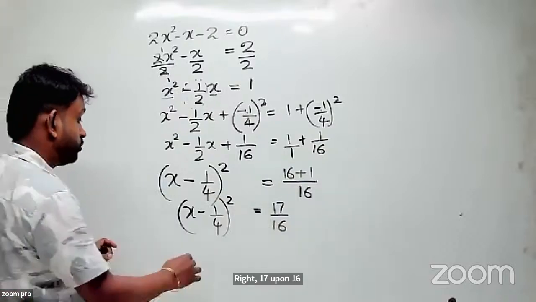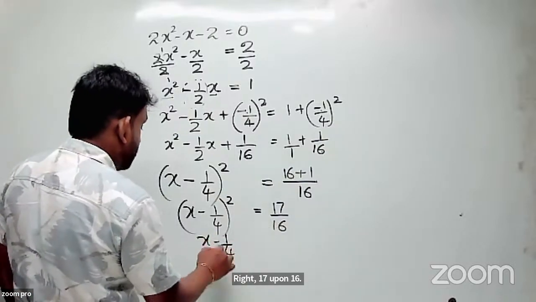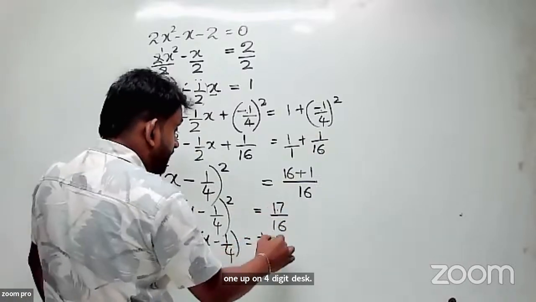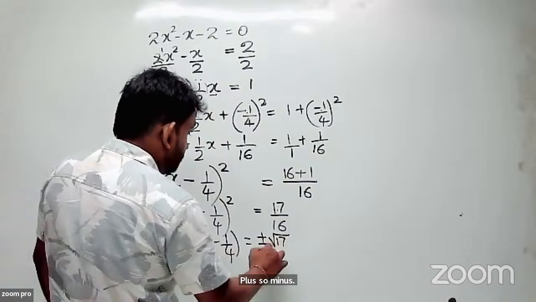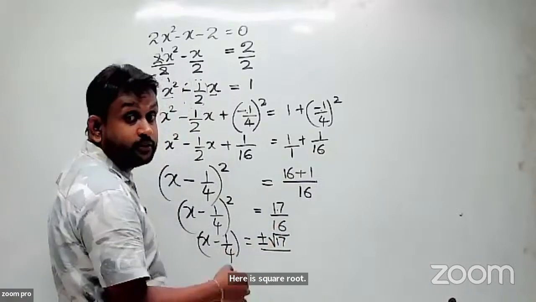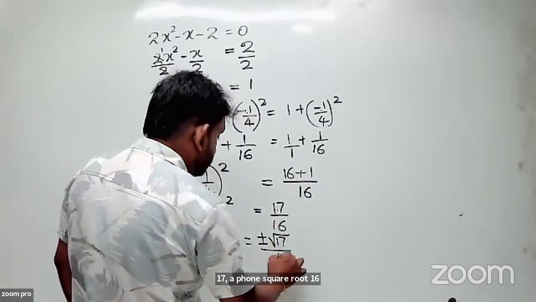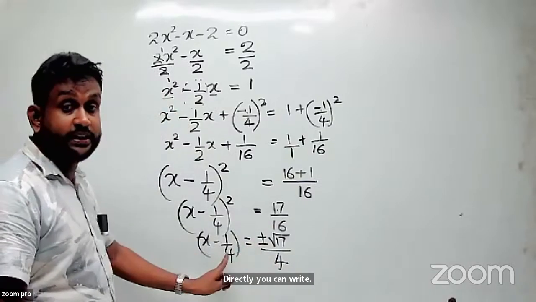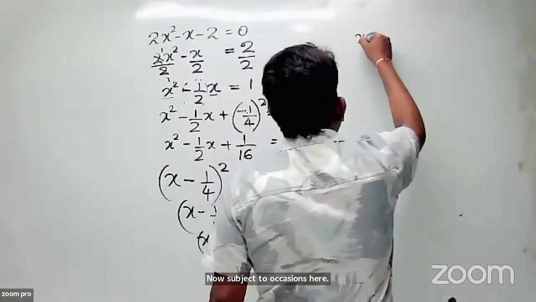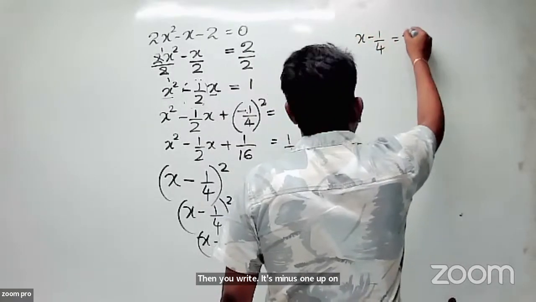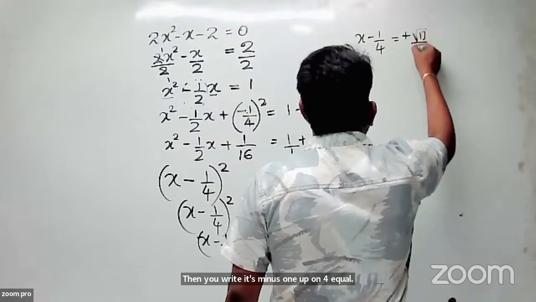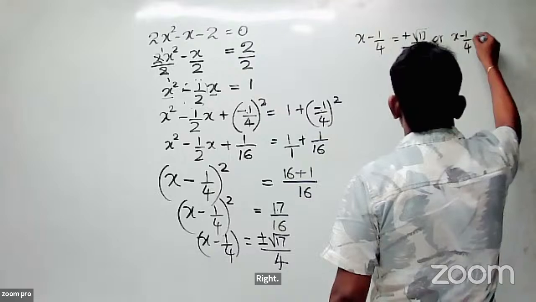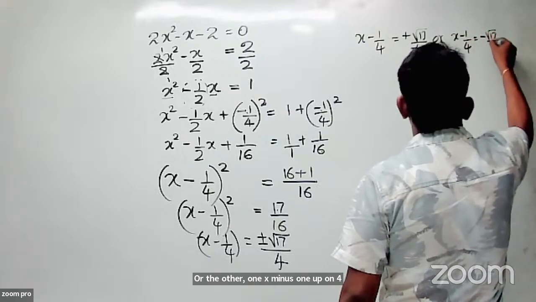Now take the square root of both sides. Then x minus 1 upon 4 equals plus or minus square root 17 upon square root 16. Square root 16 means 4, you can write directly. Now consider the two occasions. Then x minus 1 upon 4 equals plus root 17 upon 4, or the other one, x minus 1 upon 4 equals negative root 17 upon 4.